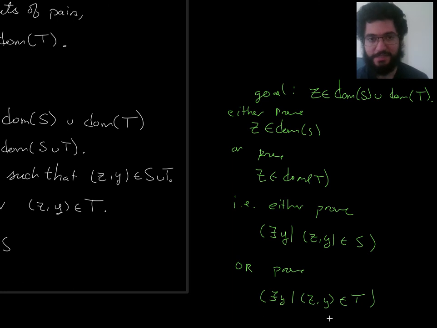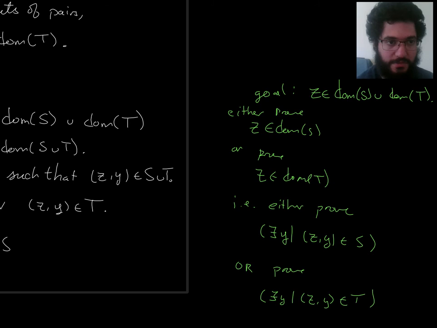How do you prove an existential? Okay, we've been there before. We were just there in the last video. You use existential generalization, which is a fancy way of saying find.